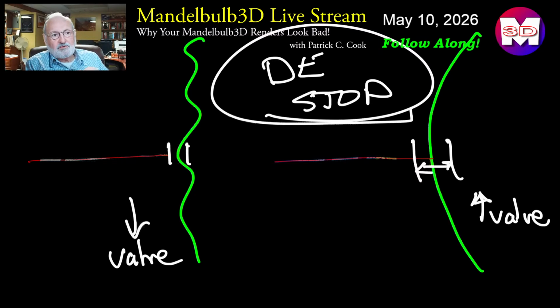And it really comes down to that. The DE stop is a critical control that most people don't understand, but now you have a better handle on it.